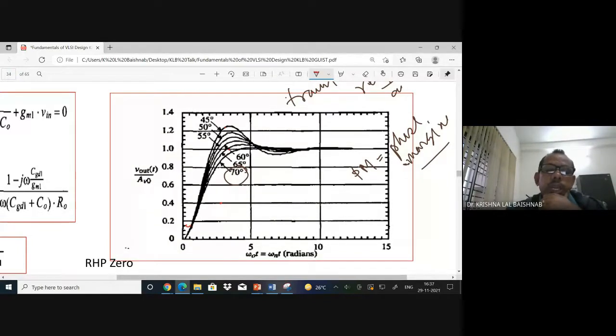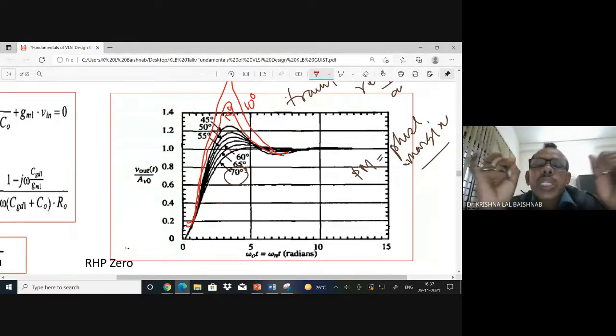If I take another signal like that, maybe there are more peaks, maybe sharper, with perhaps a 10 degree or 15 degree phase margin. So what we understood is that with a very low phase margin there is a maximum overshoot.